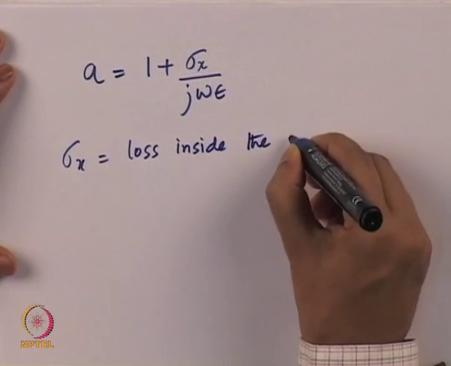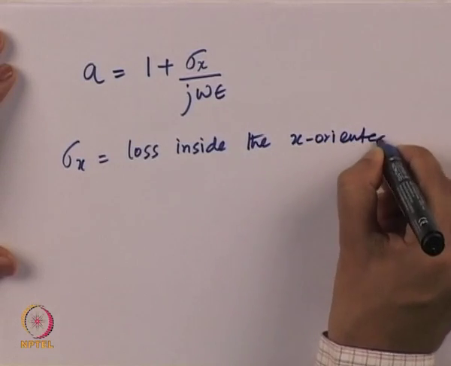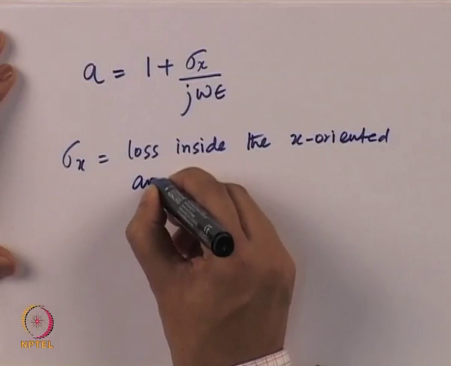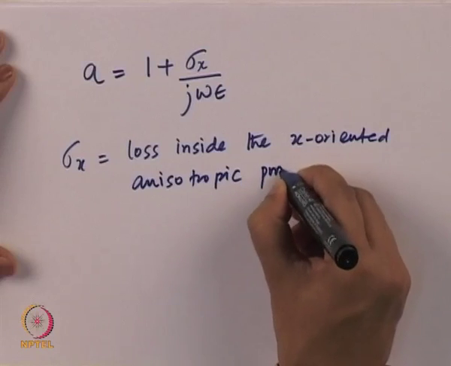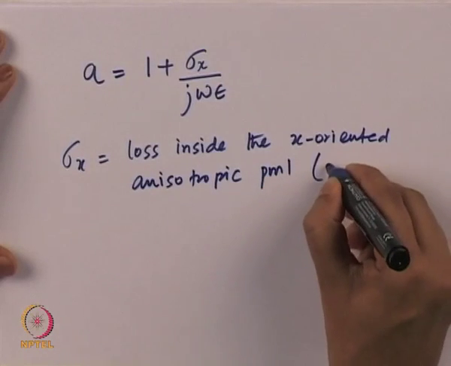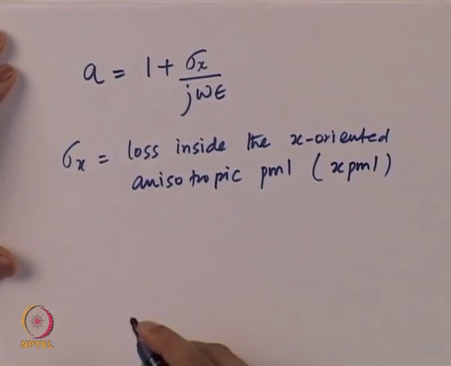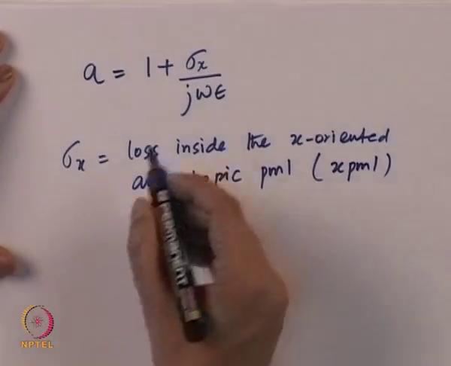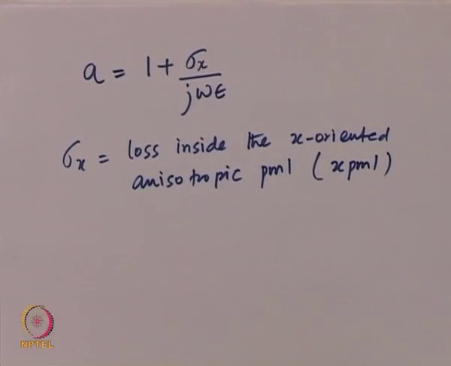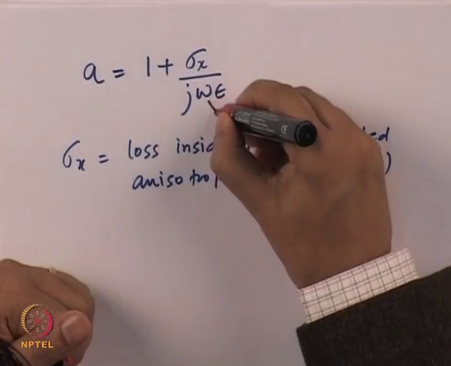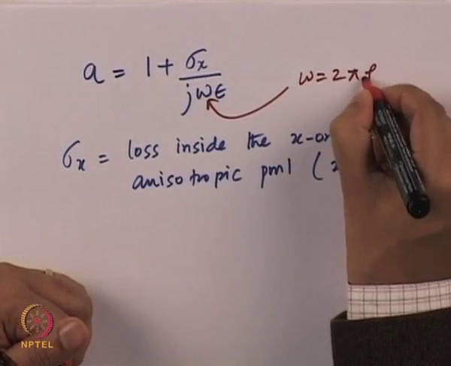the X oriented anisotropic PML. So when we have a form like that, what you also see is it is going to depend on the frequency, where omega is equal to 2 pi f.